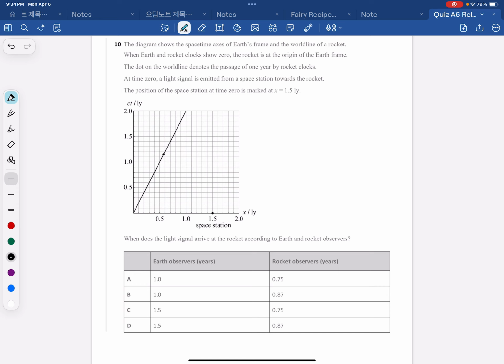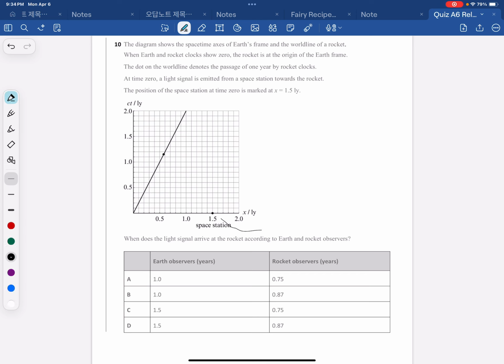So I'm gonna walk you through this question 10. So first, read the question. Okay, so let me highlight just the important parts.